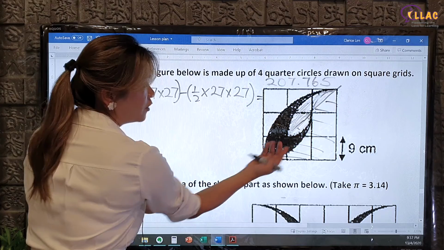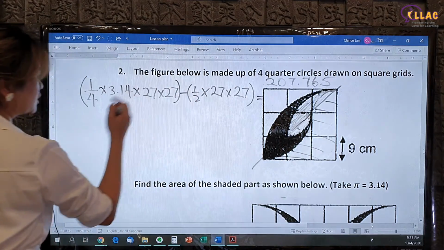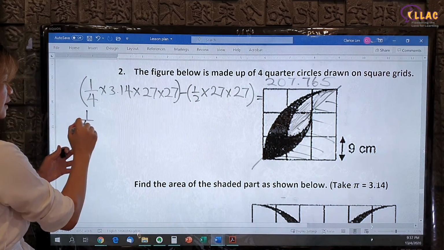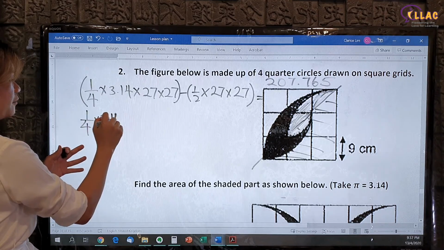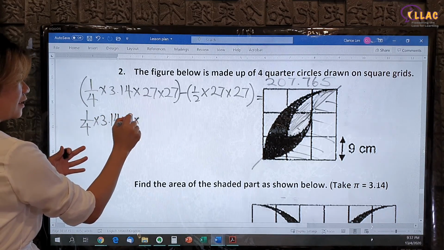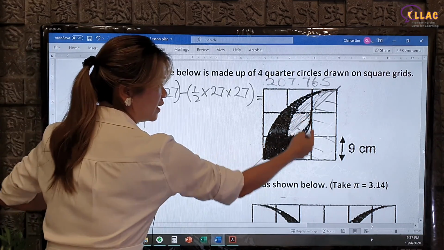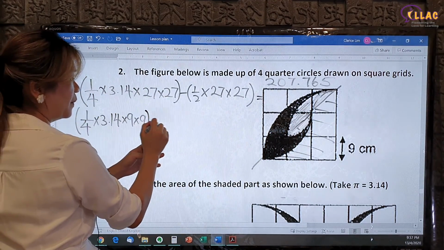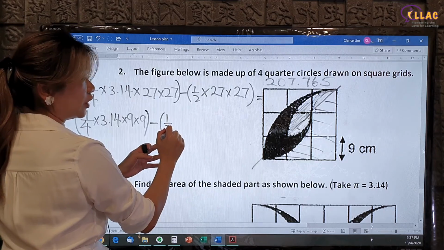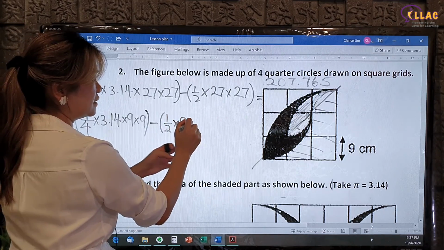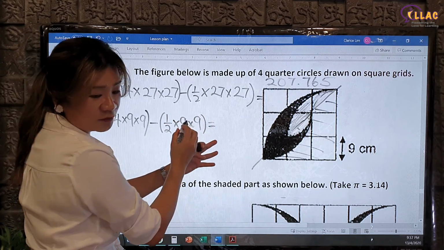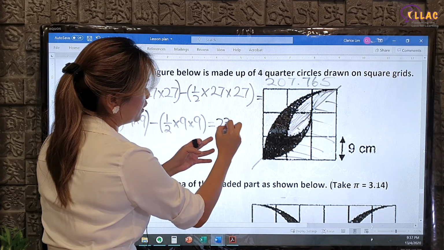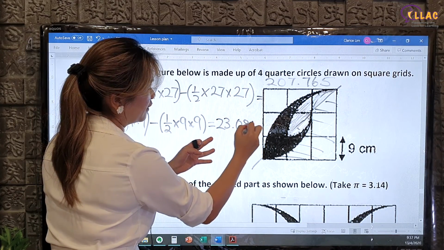Alright, so how do you find this small one then? This small one will be 1/4 times 3.14 times 9 times 9, because 1 square is 9, the radius is therefore 9. Okay, so this whole thing minus away the triangle, which is half times base times height, which will give you the answer 23.085.